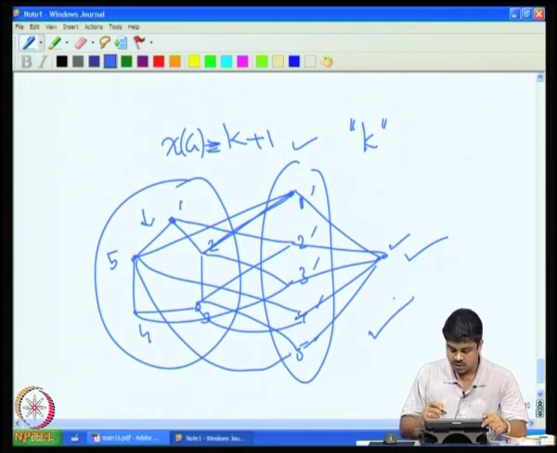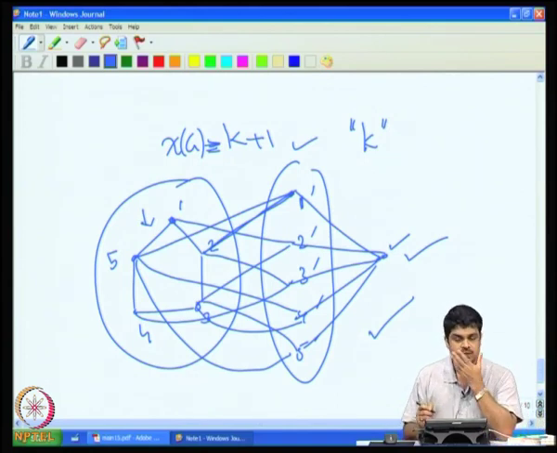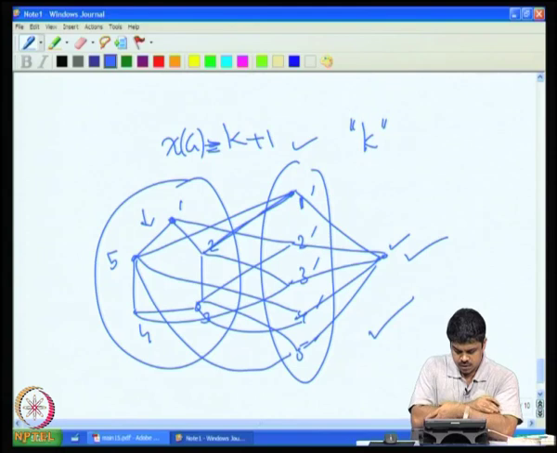You can argue that this requires k plus 1 colors because the original one required k colors, right, and also it is very easy to show that it is triangle free. So this is the way to show that in fact we can construct triangle free graphs with chromatic number at least k.